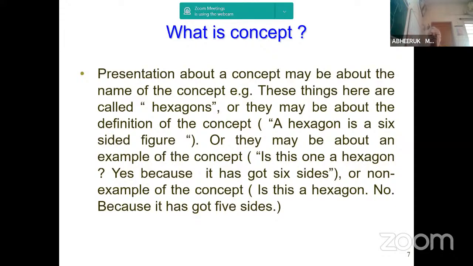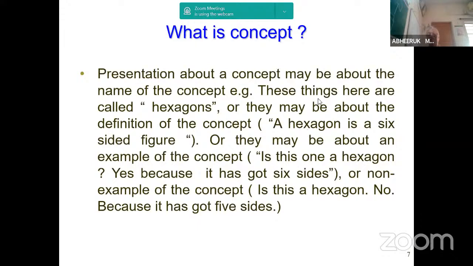Many plane figures you can group under the concept hexagon. How? A hexagon is a six-sided figure. If you draw hundreds of figures, the figures which have 6 sides, whether equal or unequal, regular or irregular hexagon, whatever it may be, all come under the group of hexagon.